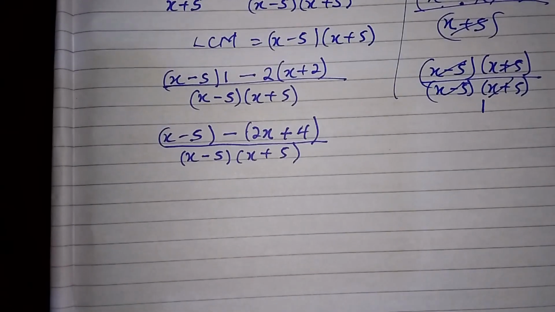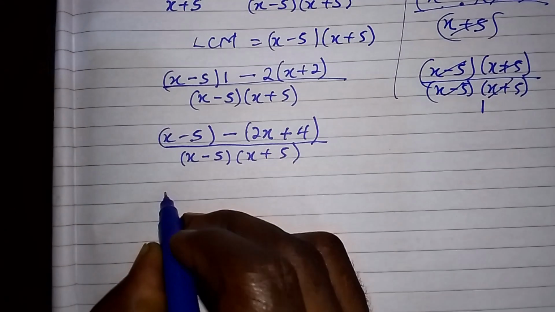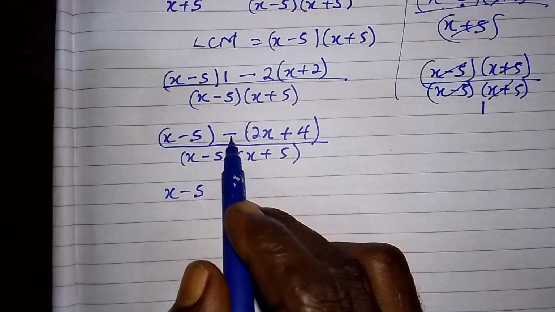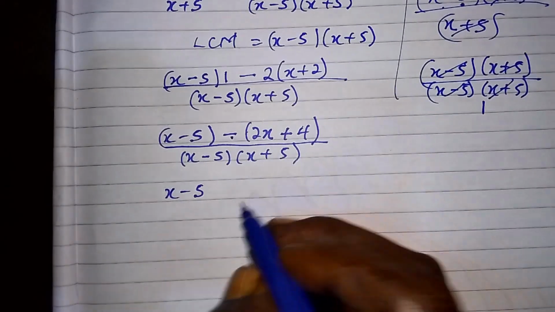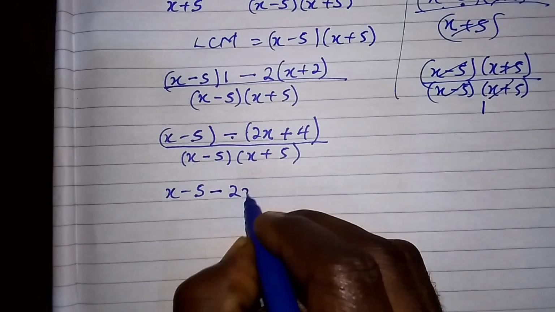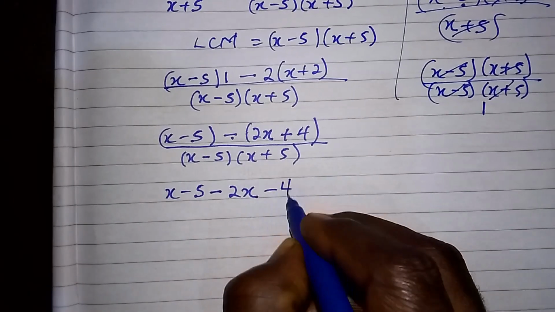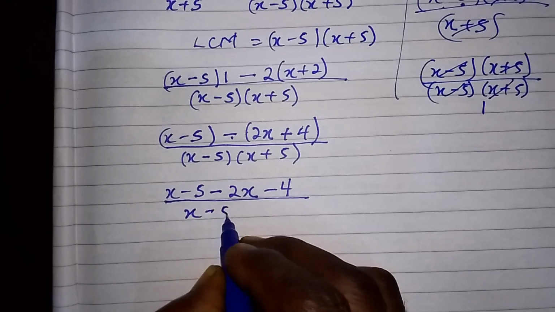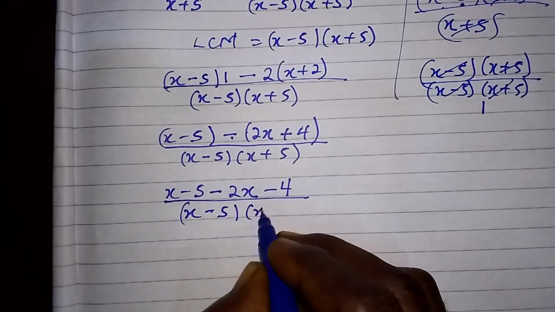It's now time to take off our bracket and then put our like terms together. So we have x minus 5. Now taking off the bracket, remember there was minus in front here, so it affects everything here. Giving us minus 2x minus 4. All over the LCM of x minus 5, x plus 5.